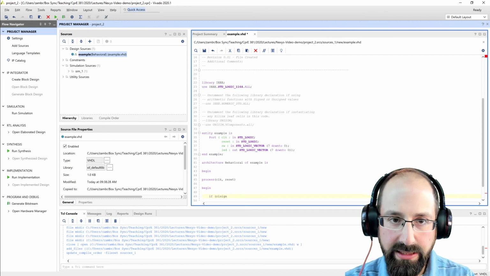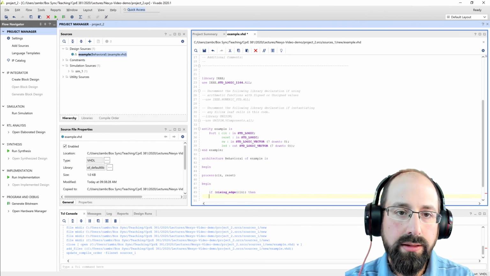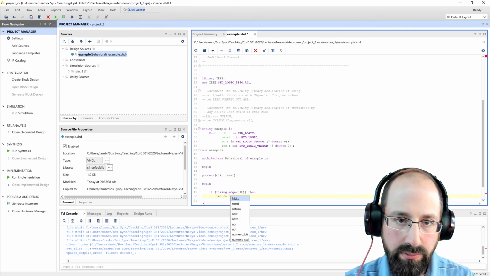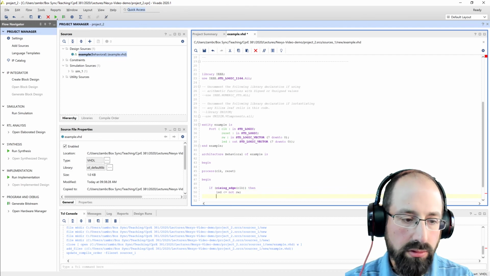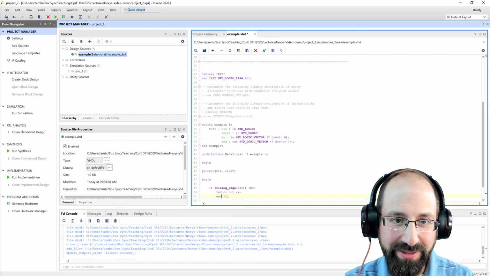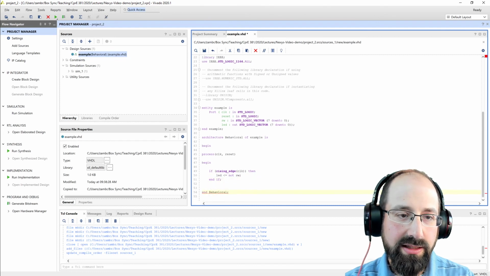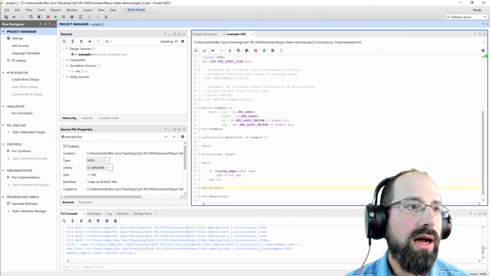So if rising edge of clock, let's set the LEDs to the inverse of the switches. This code editor is awful, just like Model Sim's is, but we use it if we're doing a demo of this. Begin and process. What are the odds this will actually compile?